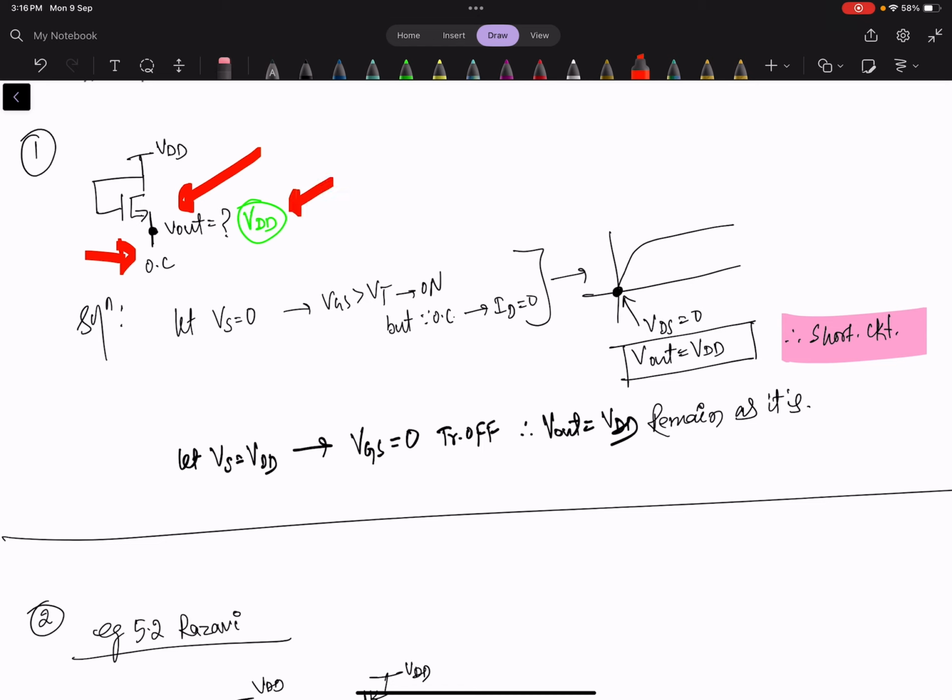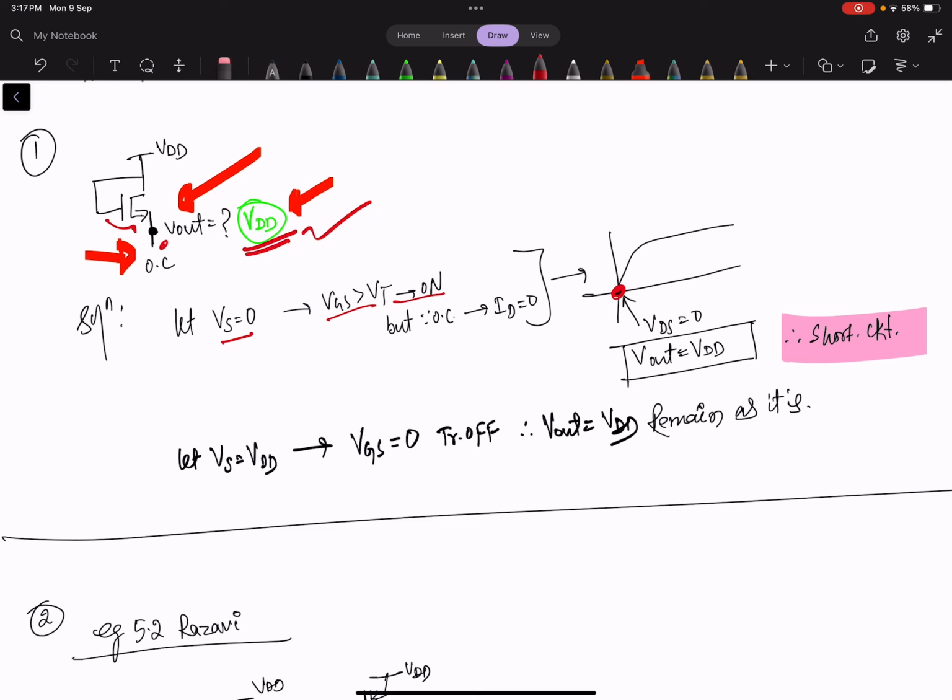Because we know that here VS is, let's say, 0. Then this VGS is greater than VT, so it is simply on, but there is no path for current to flow. It means the characteristics will be defined by VDS being 0 here, so the output is the same as VDD.